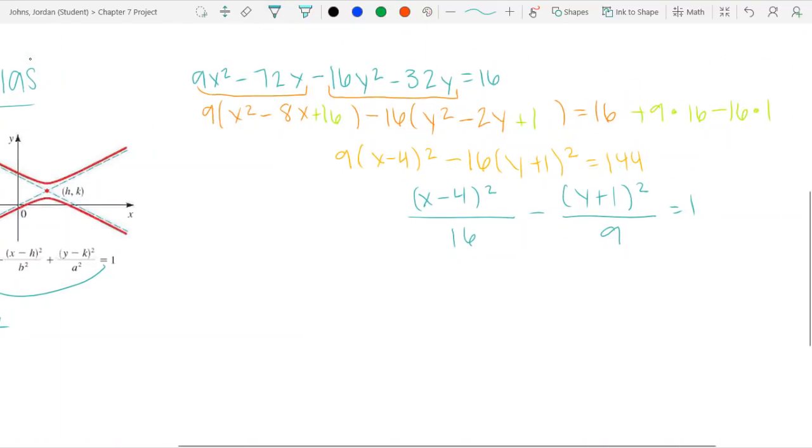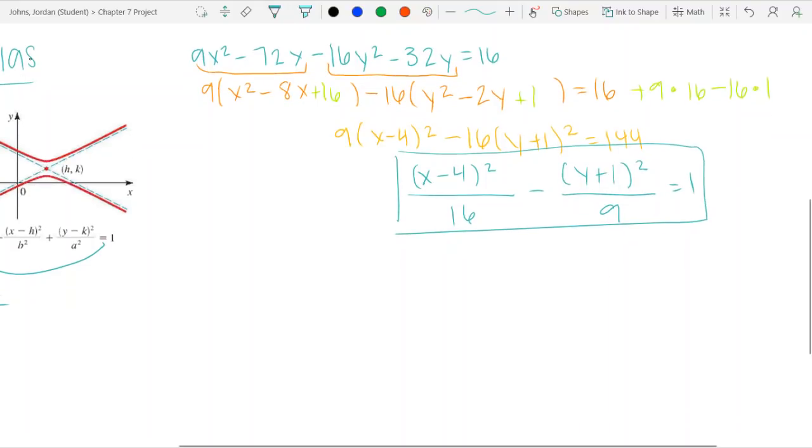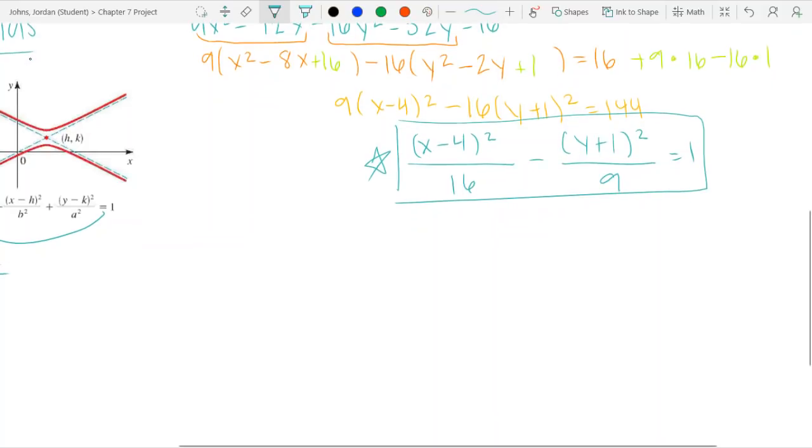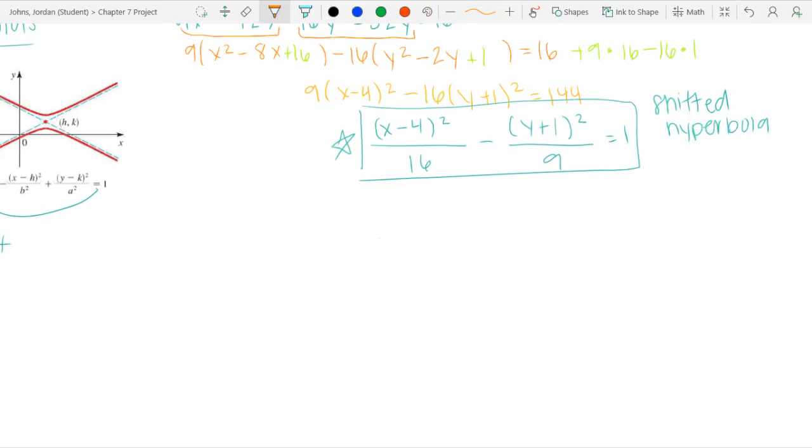So this is our shifted hyperbola equation. We're going to want to keep that. Since we got the equation for a shifted hyperbola, that gives us the information that we need to continue on.